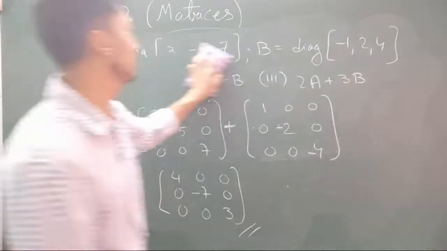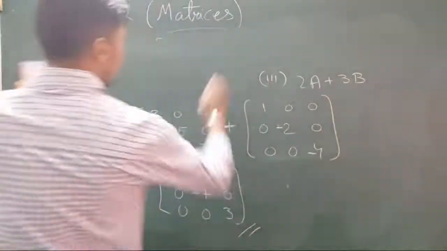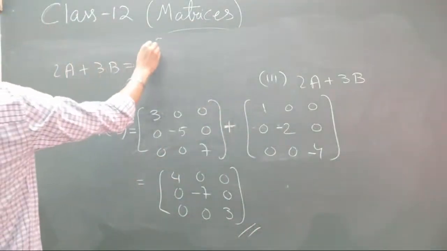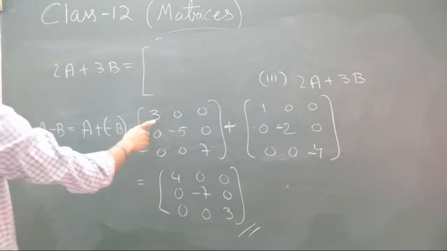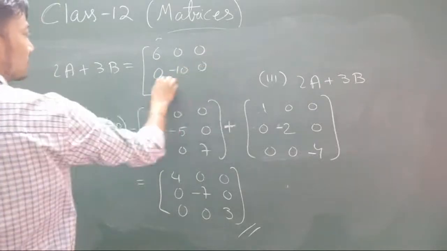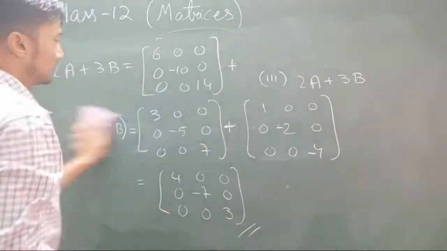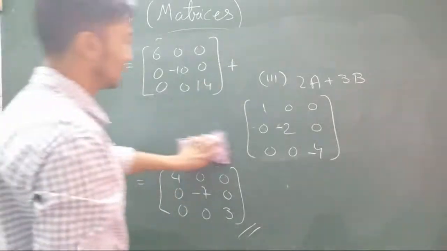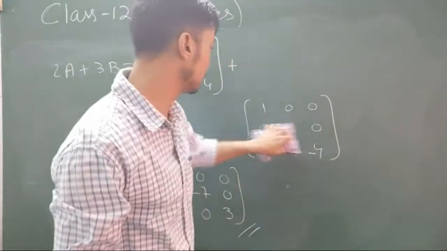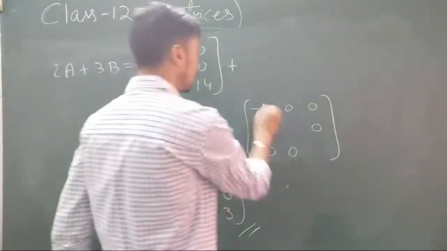And finally 2A plus 3B. So 2A: this is A, 2 3s are 6, 0, 0, 0, minus 10, 0, 0, 0, 2 7s are 14. Plus 3 times B. I'll just rewrite the value of B, which was minus 1, 2, 4.